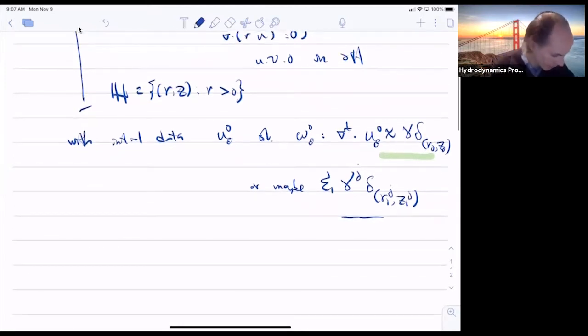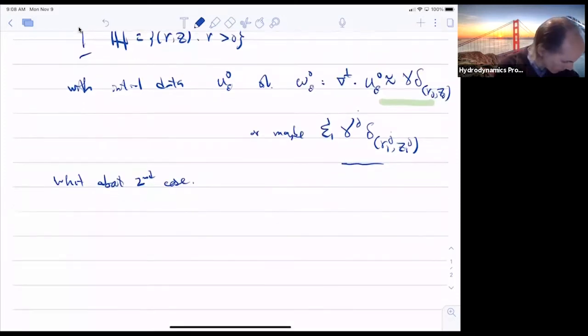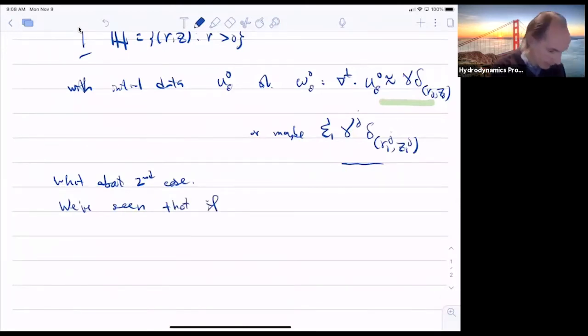So what about the second case? So I won't prove anything. I'll just tell you sort of what to expect, or what's believed and what's known. So we've seen that if, say, if the vorticity, so let's just consider the vorticity, omega epsilon, for some solution at some time t.